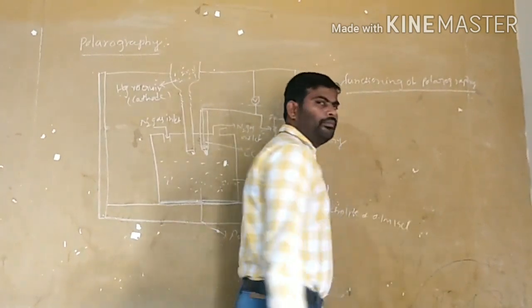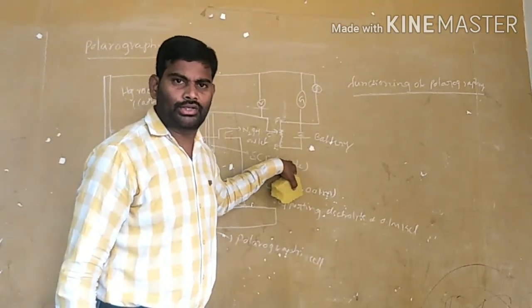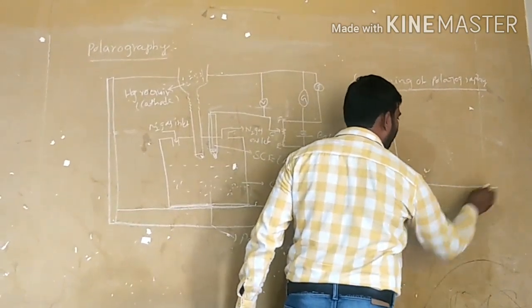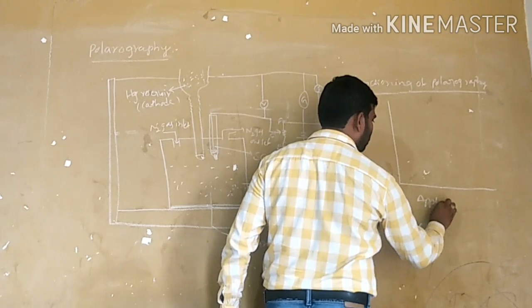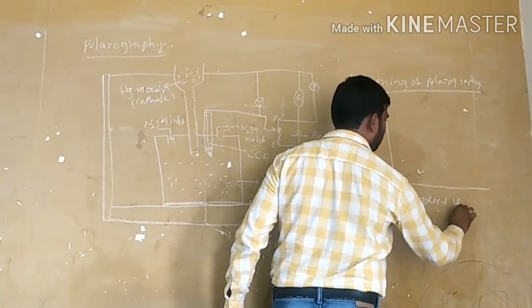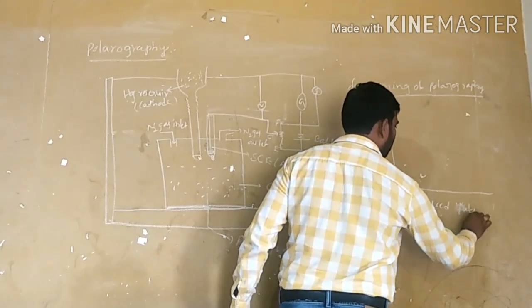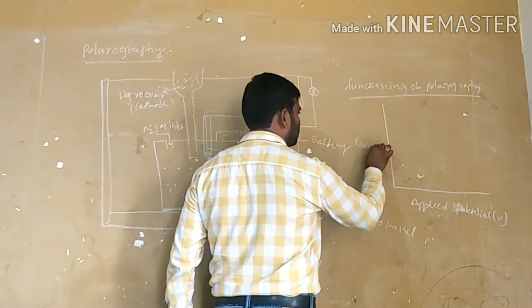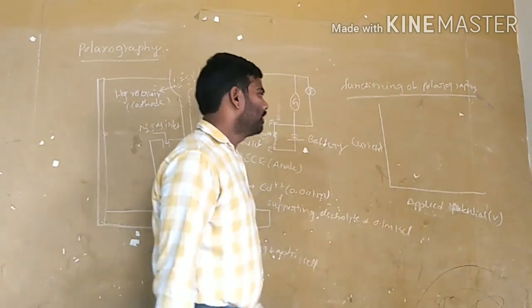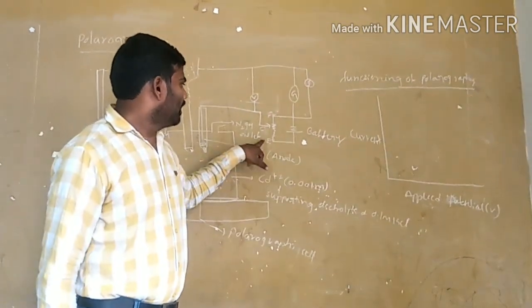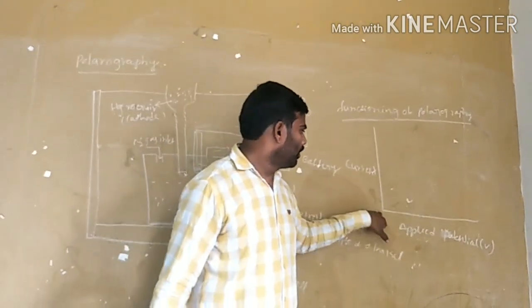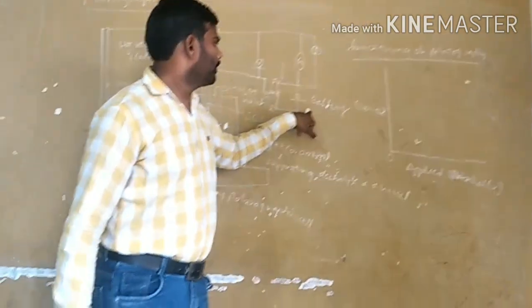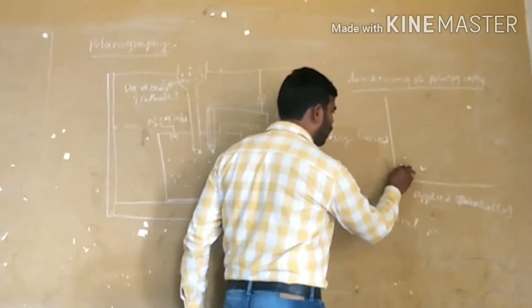By this, we plot a graph with applied voltage, or potential, on the x-axis and measured current values on the y-axis. Initially the potential value will be low, near 0.